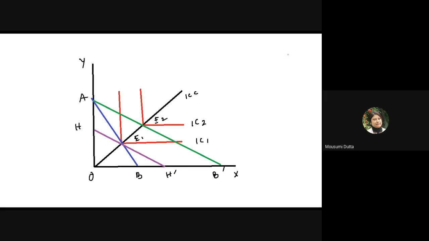So if we move horizontally, the utility remains the same.